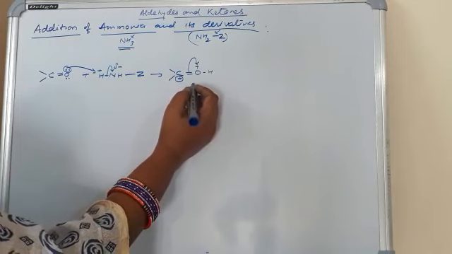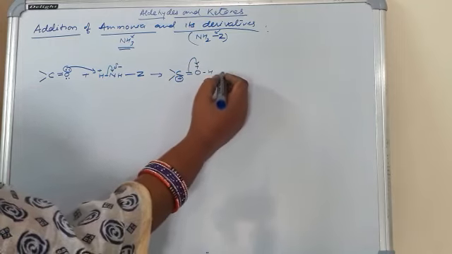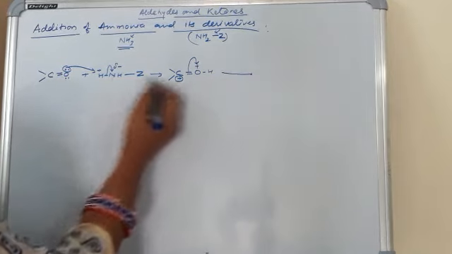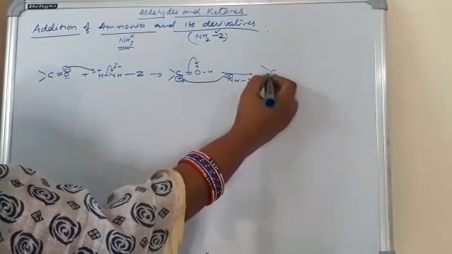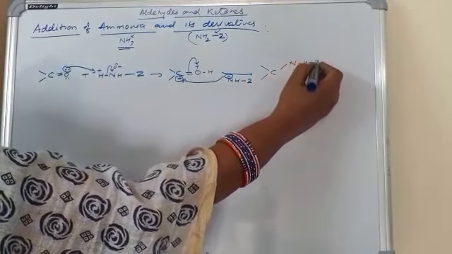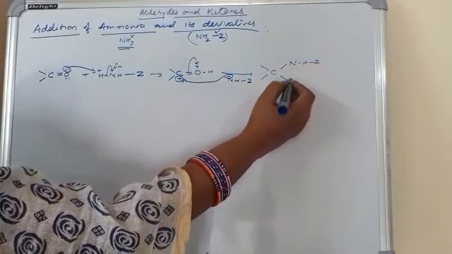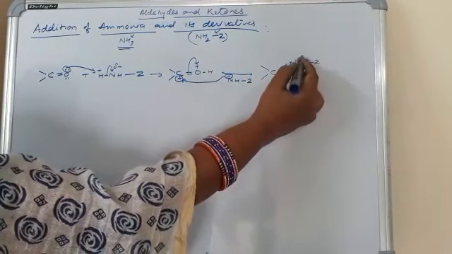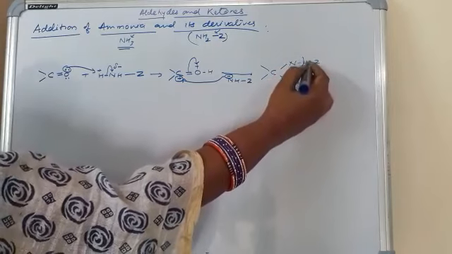So at first this NH group, this derivative group of ammonia, attacks the carbonyl carbon, and the formation of this compound takes place.